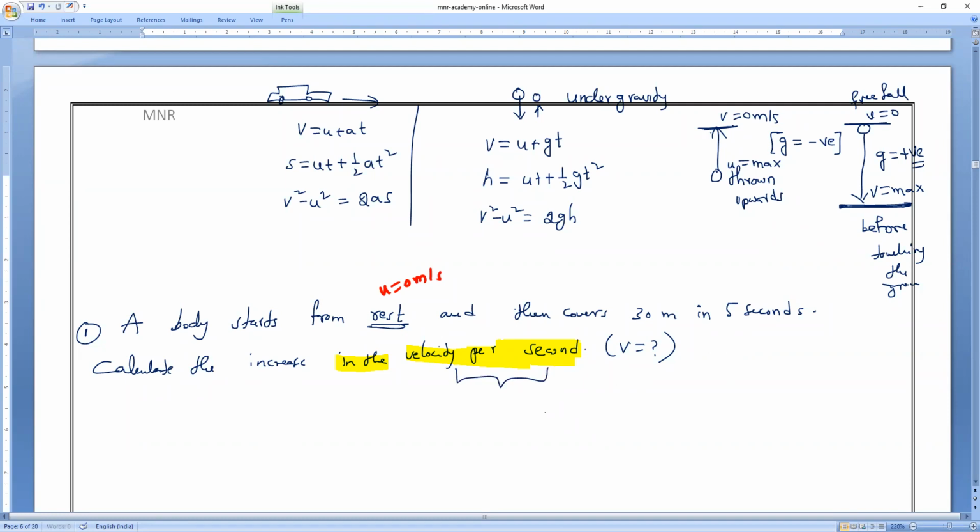Rate of change of velocity. Acceleration. They are not asking directly. Velocity means meter per second, again per second, which is meter per second square. Meter per second square means acceleration. Understand the question, everybody?